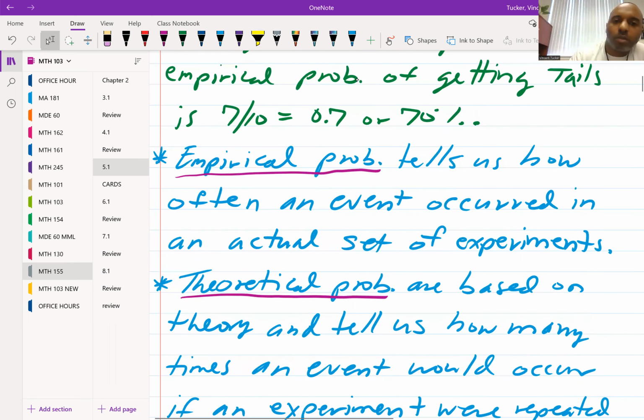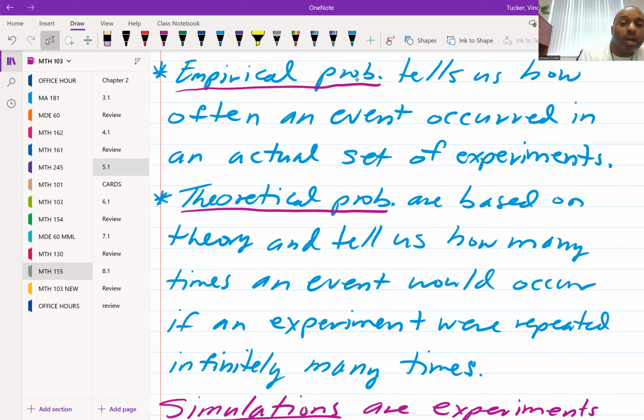And then theoretical probability is based on theory and tells us how many times an event would occur if an experiment were repeated infinitely many times. All right.